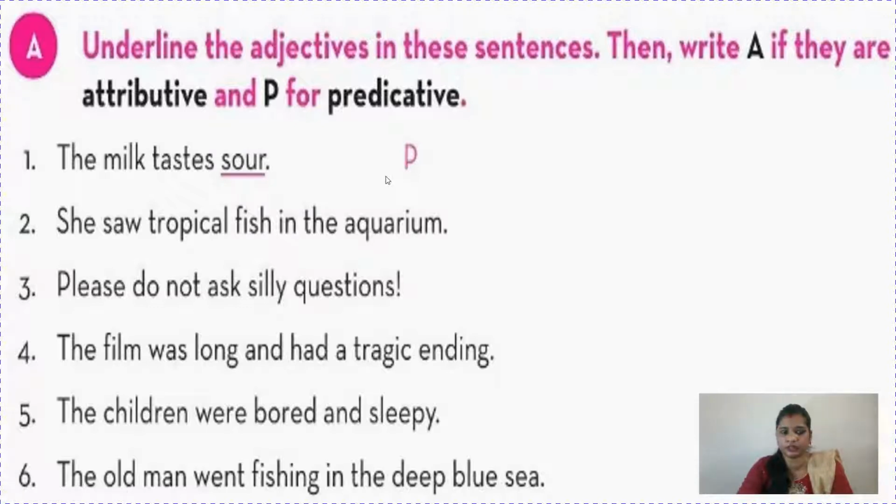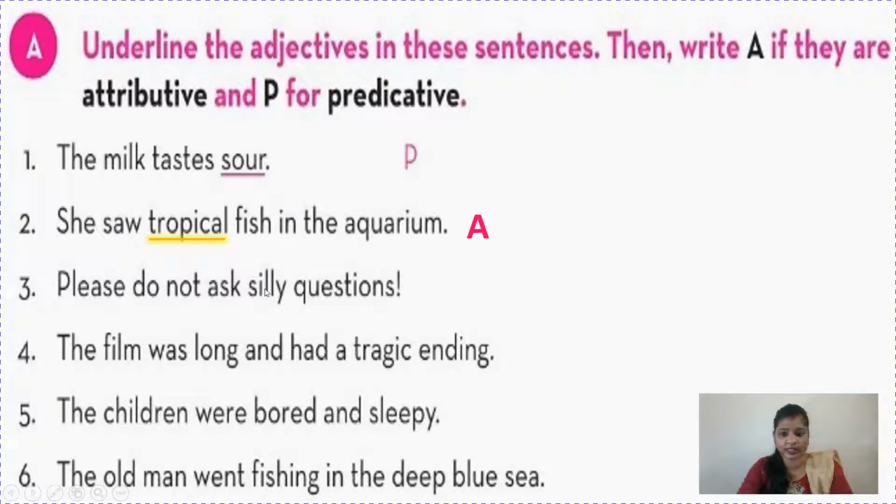Now question number 2. She saw tropical fish in the aquarium. We can see here fish is the noun and tropical is describing it. So tropical is an adjective and obviously it is placed before the noun, so it will be attributive. Question number 3. Please do not ask silly questions.